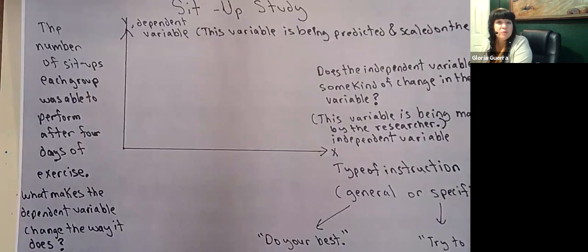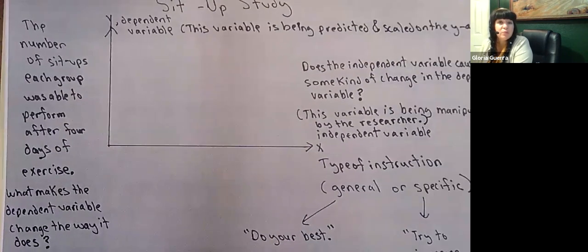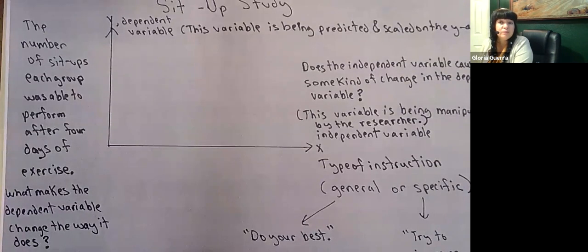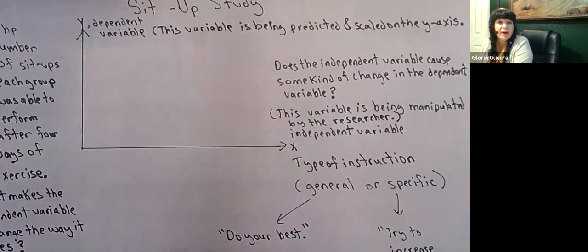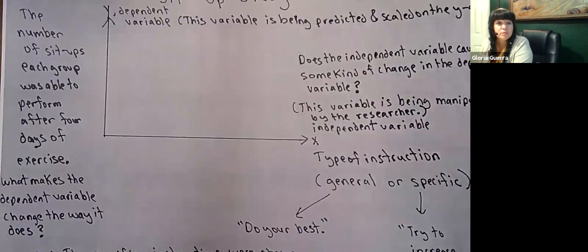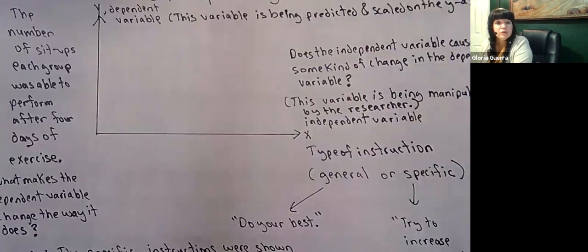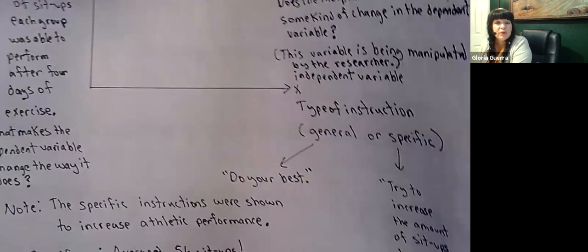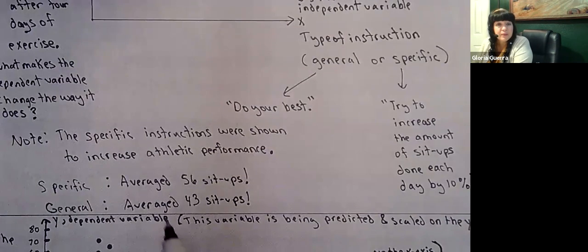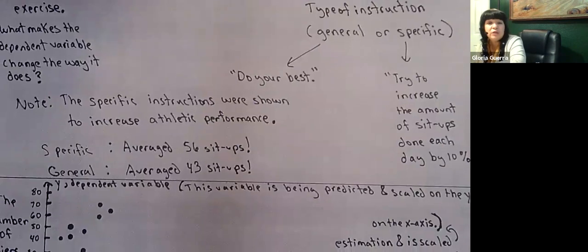The dependent variable is being predicted and scaled on the y-axis. All right. So what they notice is that the specific instructions were shown to increase athletic performance. When they had the specific directions from their coach, look at the number of sit-ups, 56, as opposed to the general, which was just 43.